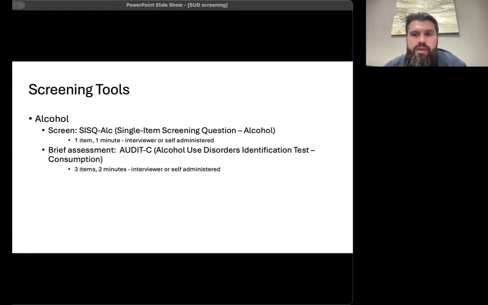Depending on the result, and we'll talk about what that question is and how to interpret it, it may lead to another more comprehensive brief assessment, which in this case the recommendation is the AUDIT-C, the Alcohol Use Disorders Identification Test, Consumption. That's about 3 items in 2 minutes. Again, it can be interviewer administered or self-administered. So together you're looking at about 4 minutes, if everything was kind of slow, to screen for alcohol use, depending on what their use history is like.